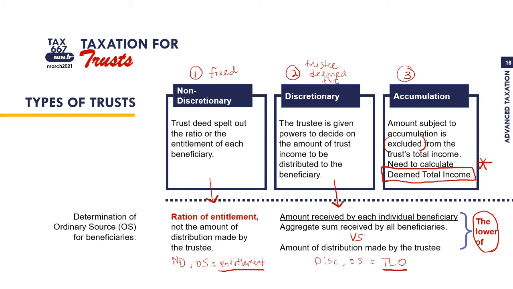Don't waste time looking for deemed total income. But if the question mentions something with regard to accumulation, then you definitely need to find the deemed total income.